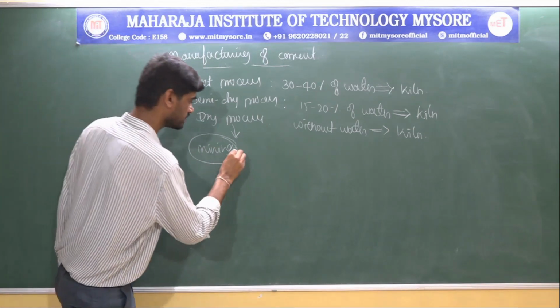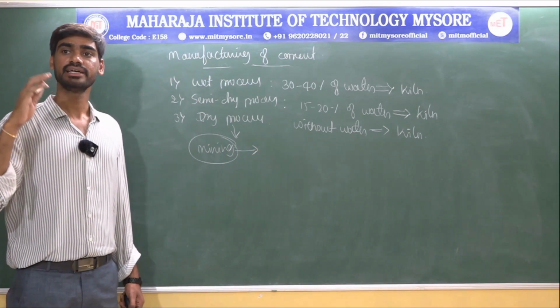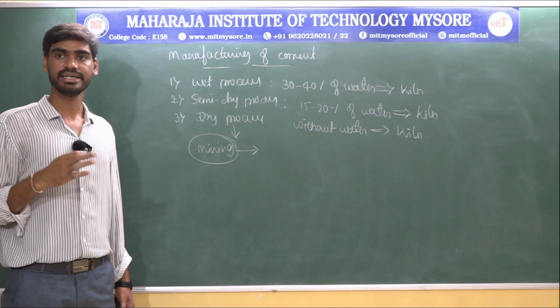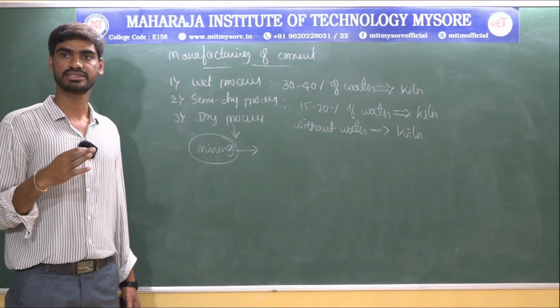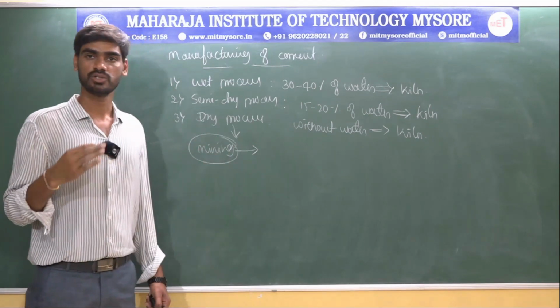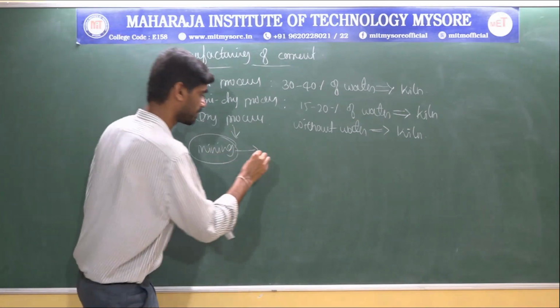After mining, all the ingredients are mixed in a mixer or grinding mill. So the second step in the manufacturing of cement is mixing of raw materials.